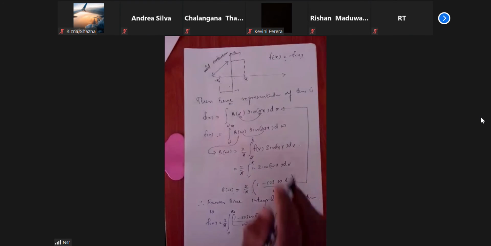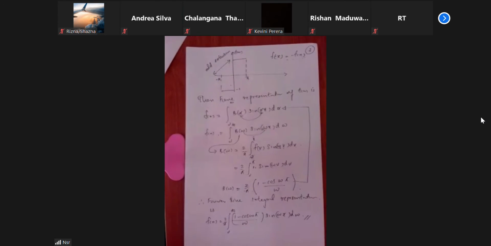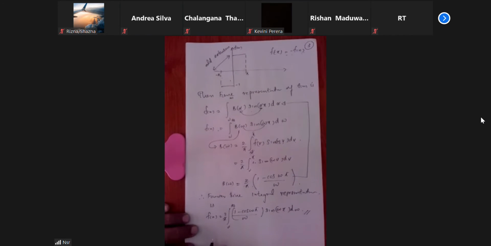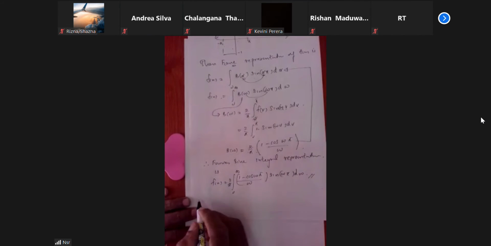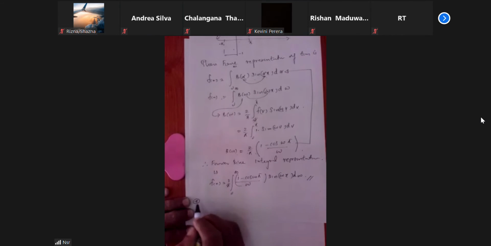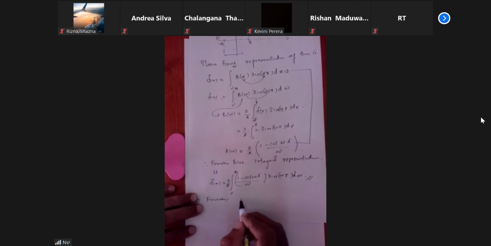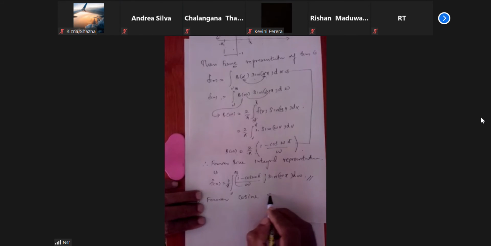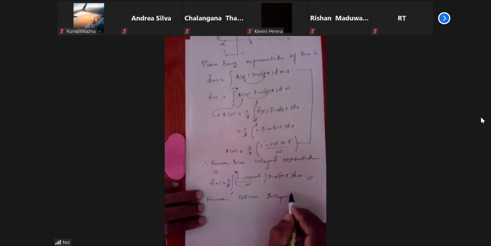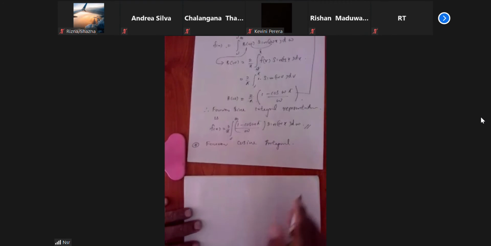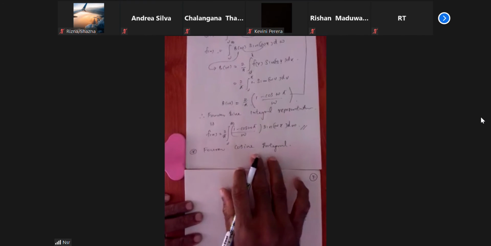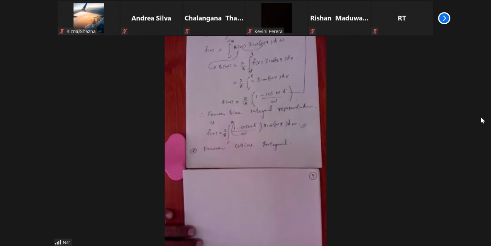Is it clear? Okay. Good. And again, you need to find out the Fourier cosine integral of the particular function, the second part of the question. For that, you should have the even function, am I correct?